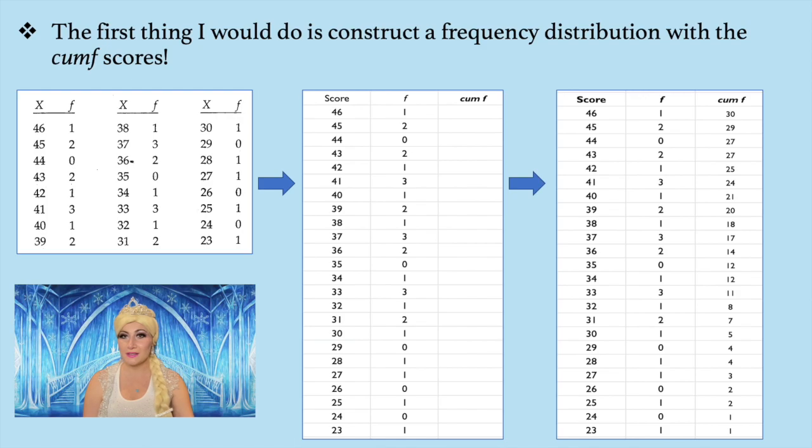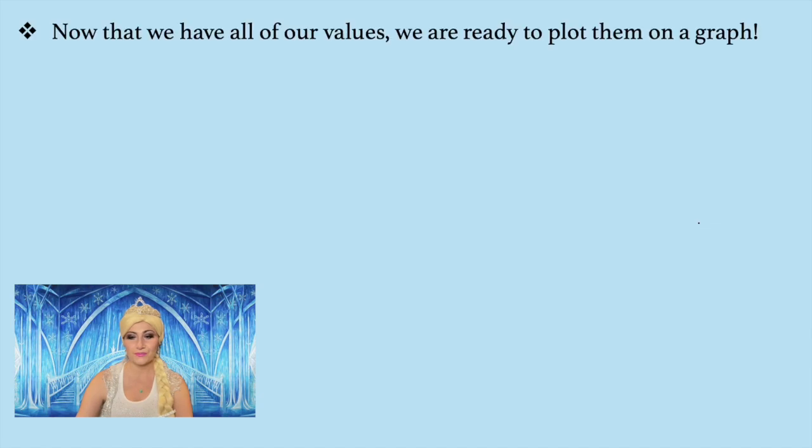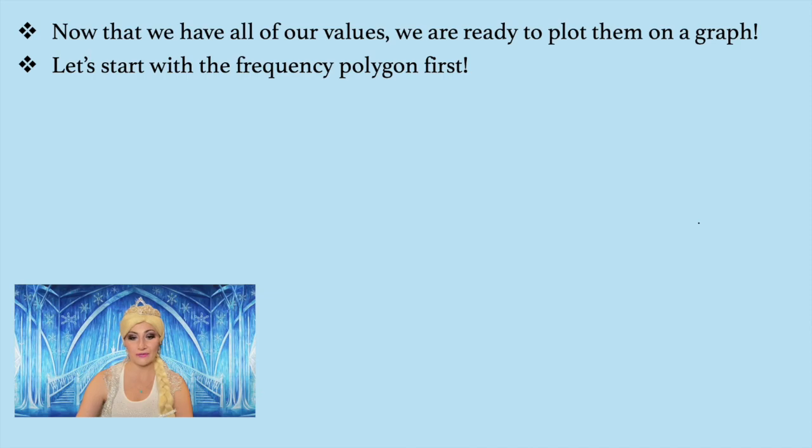So remember, cumulative frequency and frequency answer different questions. In any case, the whole purpose of why we're doing this is to construct a cumulative frequency polygon. So now that we have all of our values, we are ready to plot them on our graph.